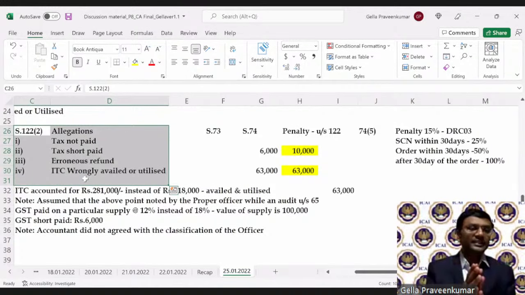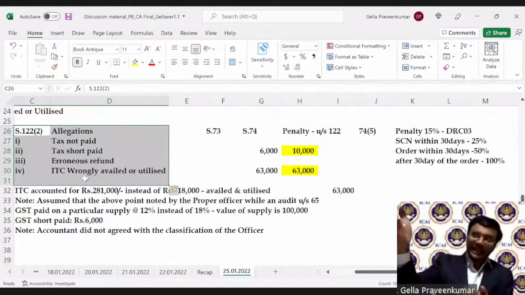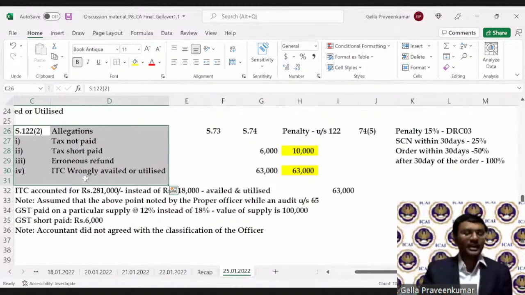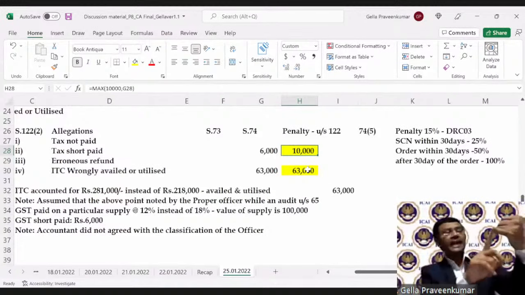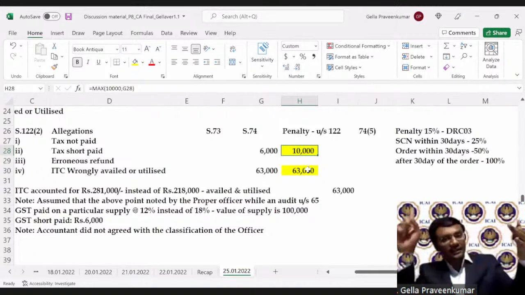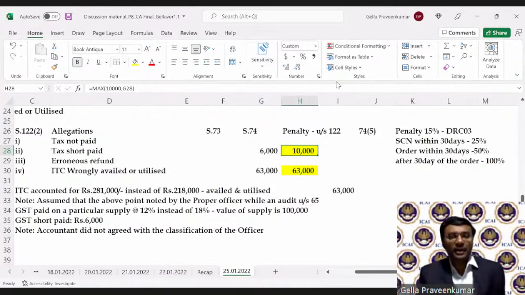So what will the officer do? Because there is an intention to evade payment of tax, he invokes section 122. One of these four clauses, if it fits me, he will take recourse under this and he says, Praveen, you pay tax of 6,000, penalty of 10,000 under section 122, subsection 2. This is how the quantification happens, Namita. Hope I've answered your point, Namita.